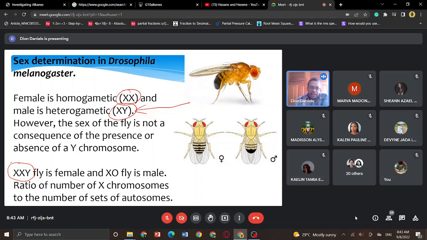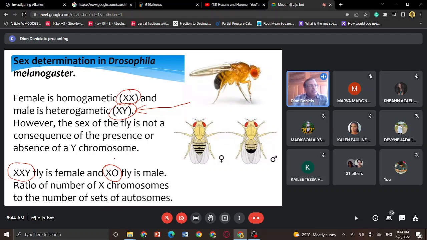A fly that has only one X and no other chromosome, they usually put a 0, right? So this male fly has only one X chromosome and no Y. So the ratio of the number of X chromosomes to the number of sets of autosomes is what determines the sex of these organisms.